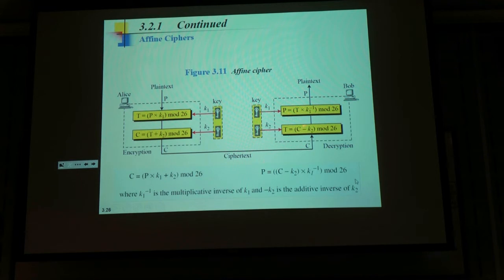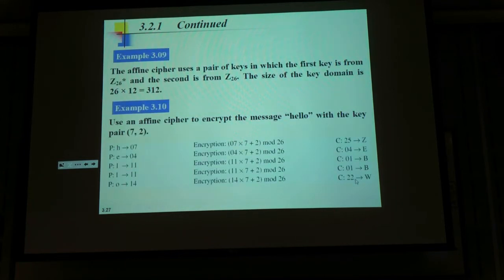So the first thing, you subtract the additive inverse, and then after that you multiply it by the multiplicative inverse. You get... So this will go a little bit more complex. More complex for encryption. In here, you multiply it by the key, and you add the second key.